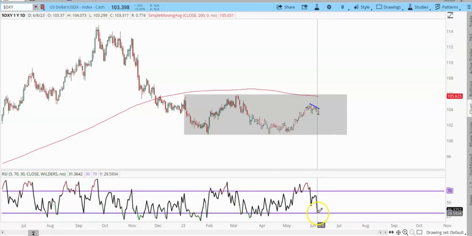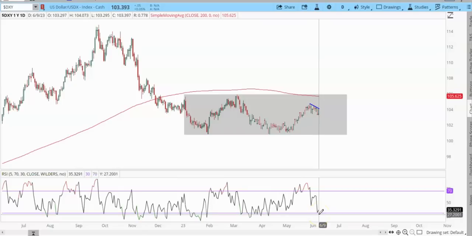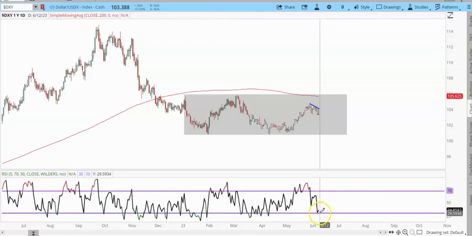You can see that RSI is potentially getting oversold. And I think most of you know the rule. In the advancing phase of an intermediate cycle, which I still think the dollar probably is in, price doesn't tend to get very oversold, and it doesn't tend to embed in the oversold condition.